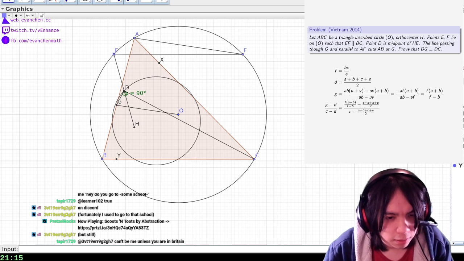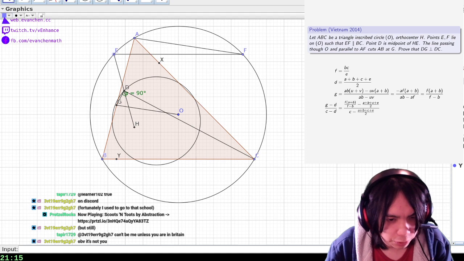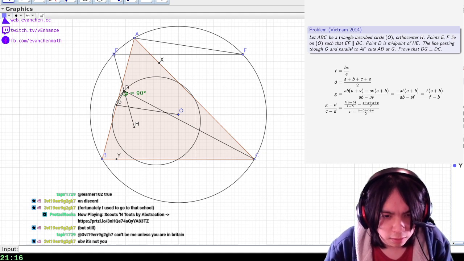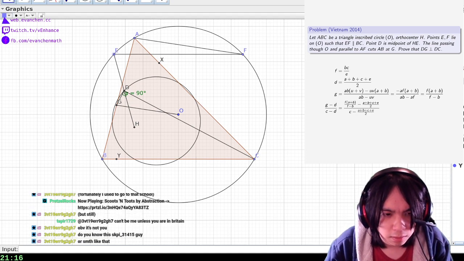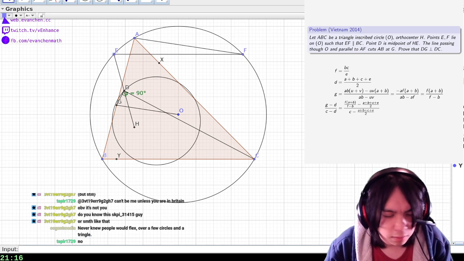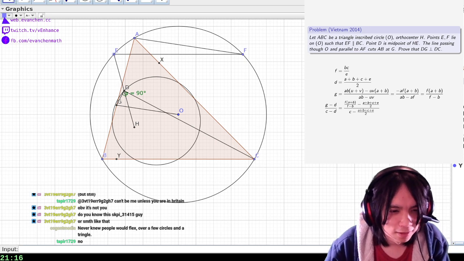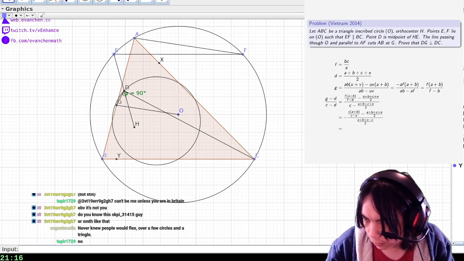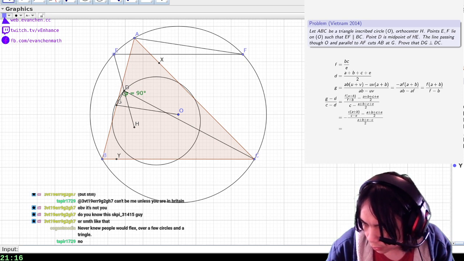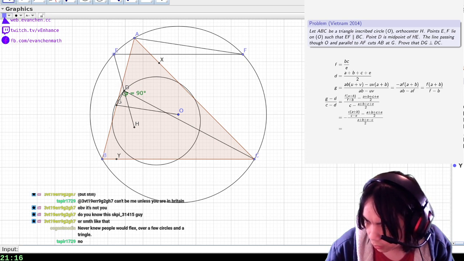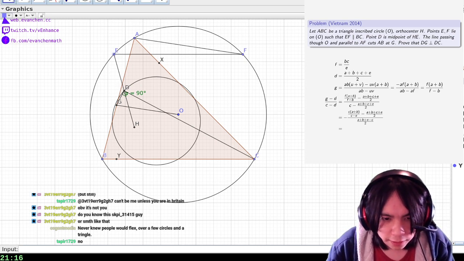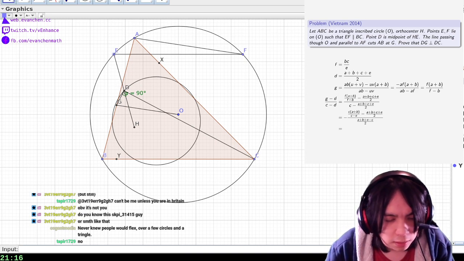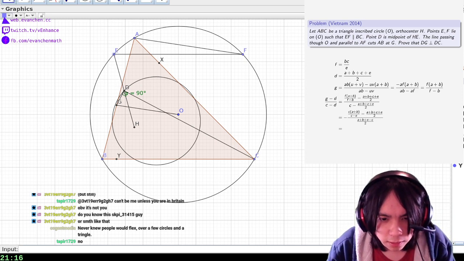Minus BE. Okay, I can cancel a factor of B. So this is equal to 1 over C minus C. Let's clear the 2. 2CA plus B minus C minus E. So it's interesting that I only see A plus B and I don't see, like... Okay, something went wrong.